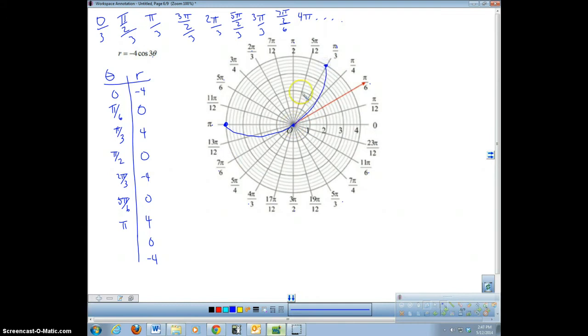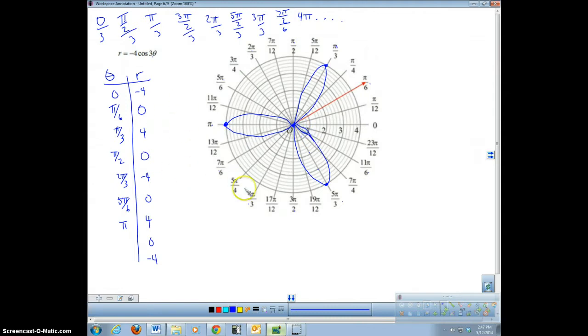Out here, coming back to 0 now. Then 2 pi over 3 is here, negative 4, go down. 1, 2, 3, 4. Back to 0. And then complete it here. So there's our 3 petaled rose.